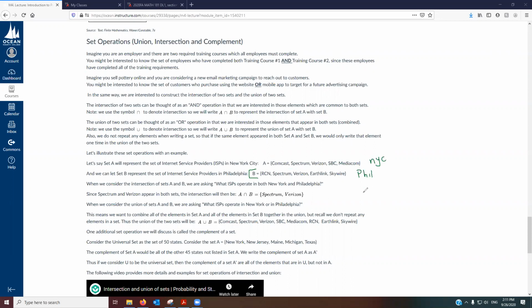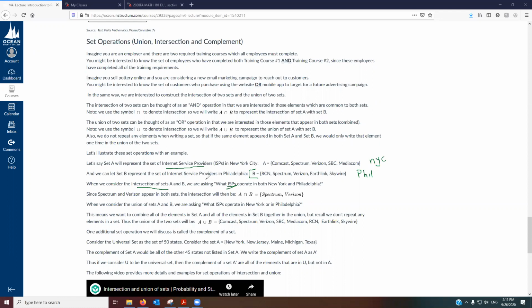Well, I can form the intersection of these 2 sets because I want to know what operators are working in both New York and Philadelphia. Which of these ISPs, internet service providers, are operating in both New York and Philadelphia?